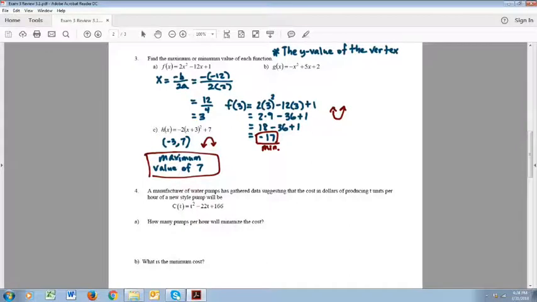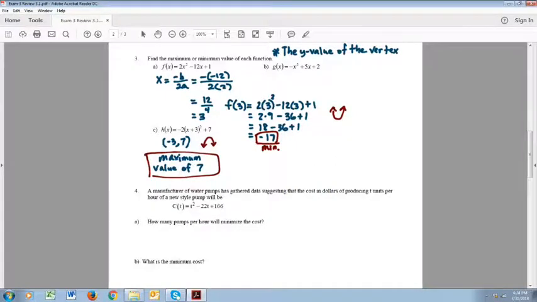So when you get to 4 and 5 on these problems, these are just word problems where you have a quadratic function, you're looking for a minimum or a maximum, and you're going to find it at the vertex. So the main thing is you want to read these carefully and make sure you know what your variables represent.